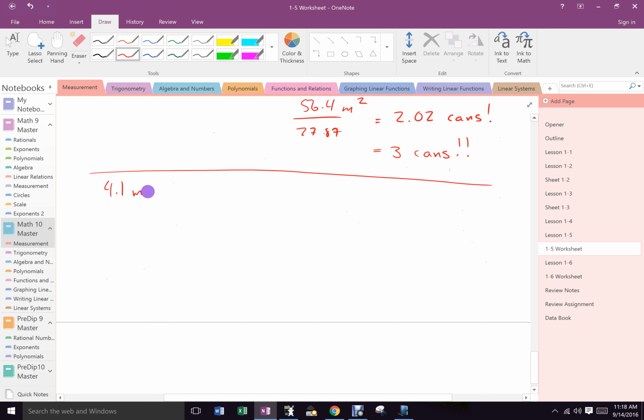So I'm going from meters to feet, so I want feet over meters. 1 foot is 0.3048 meters. So 4.1 divided by 0.3048, no problem. So that's 13.45 feet.